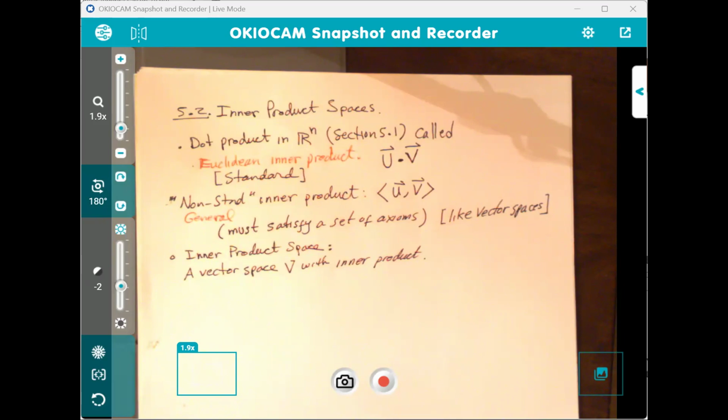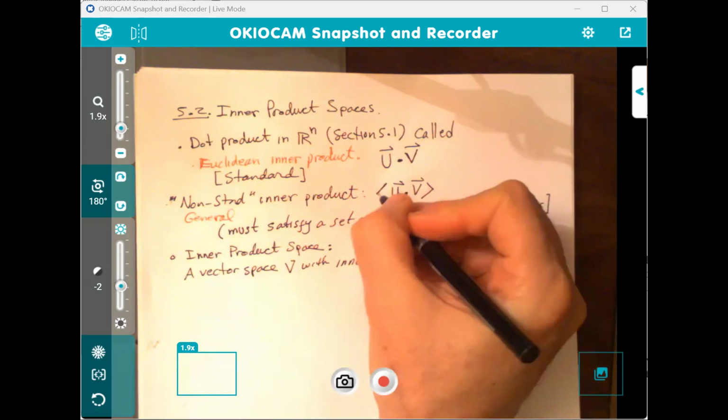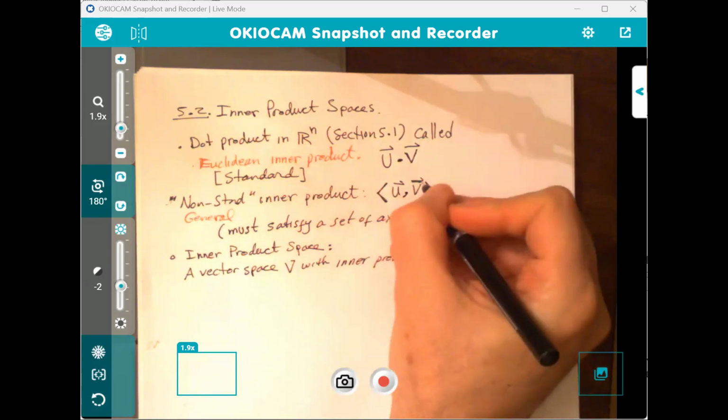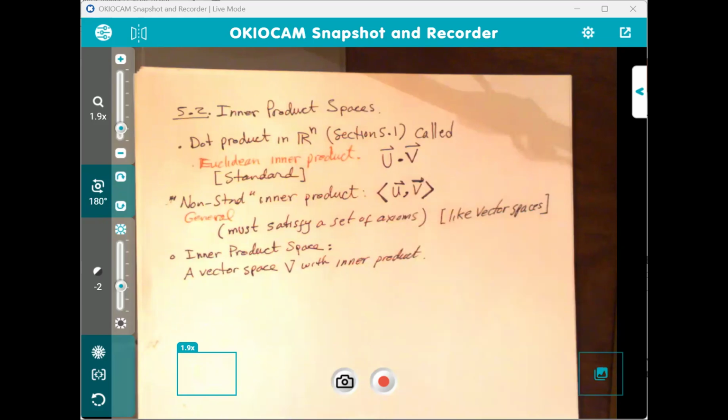And now we're going to look at the general, including non-standard inner products. The notation for the non-standard we're going to use looks like U comma V. It looks like a vector notation, doesn't it? I'm following the notation that's in your book. We have angle brackets and then U comma V.